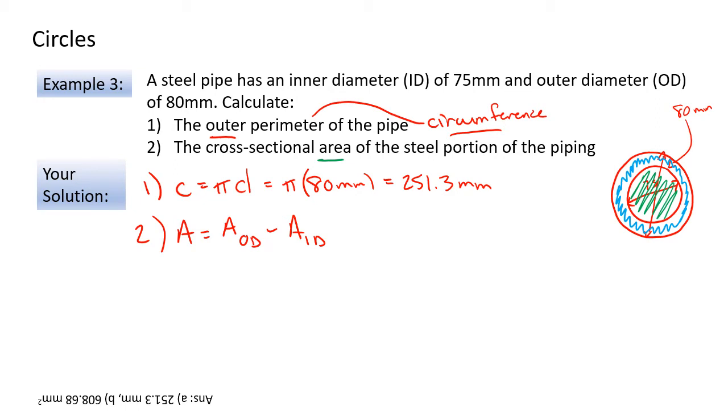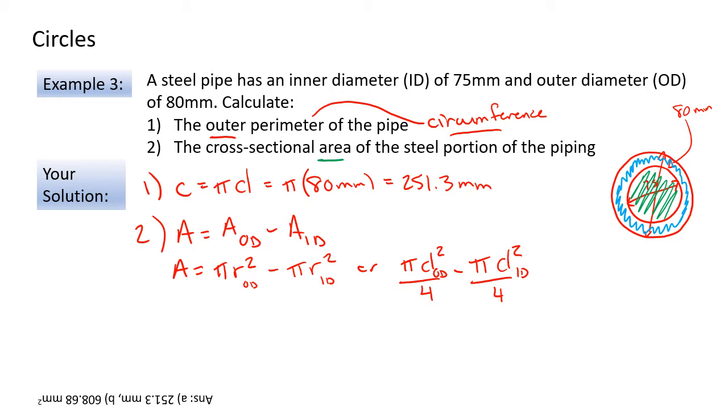So the area of the outer diameter, remember, pi r squared minus pi r squared, that's the inner diameter and the outer, or pi times the diameter squared divided by 4 minus pi times the diameter squared divided by 4. Again, this is the inner diameter and this is the outer diameter. We'll use diameter since it's provided, but either one of these formulas would give you the correct answer.